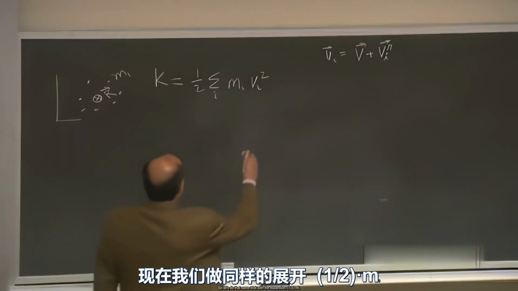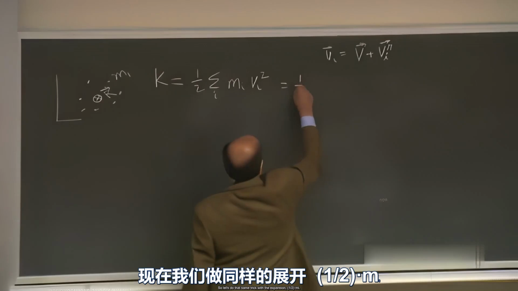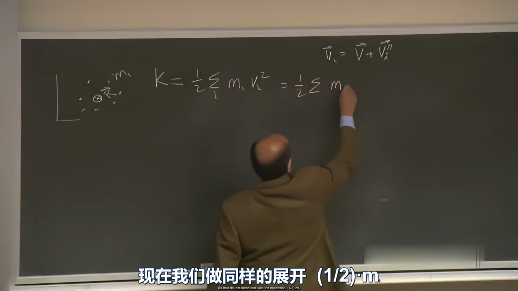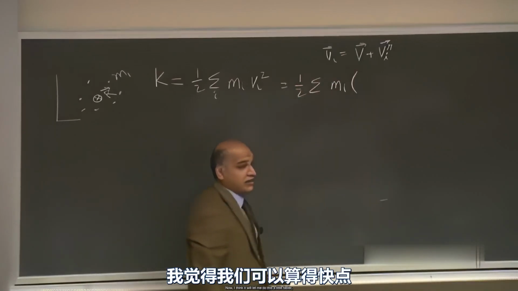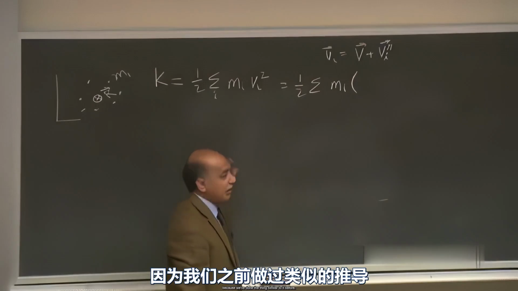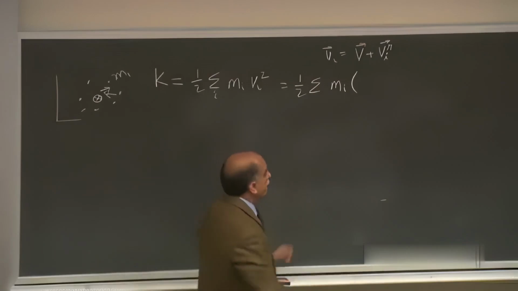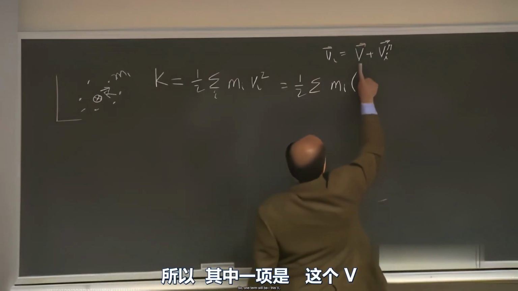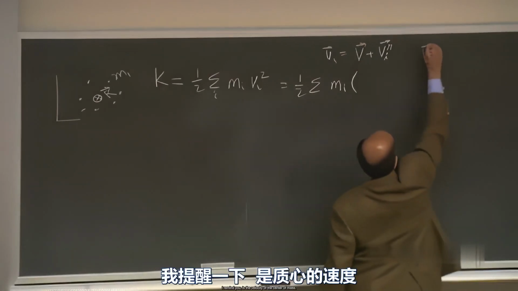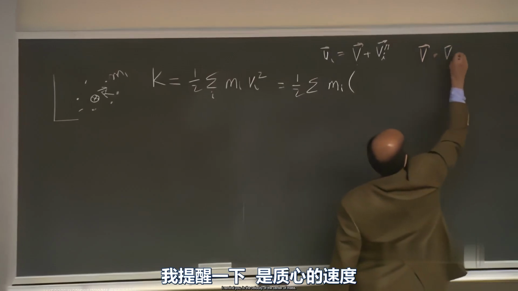So let's do that same trick. Do the expansion, 1/2 mi. Now I think you will let me do this a little faster, because we've done the thing similarly to before. Now I'm squaring velocities instead of squaring positions. So one term will be this capital V, I remind you, is the velocity of the center of mass.